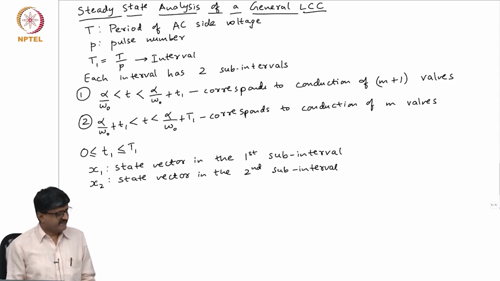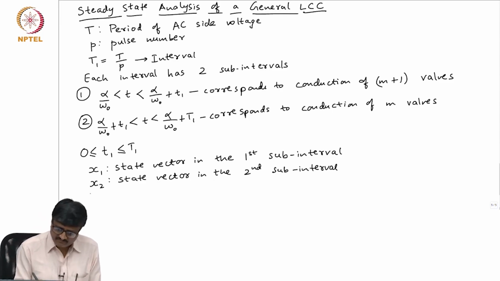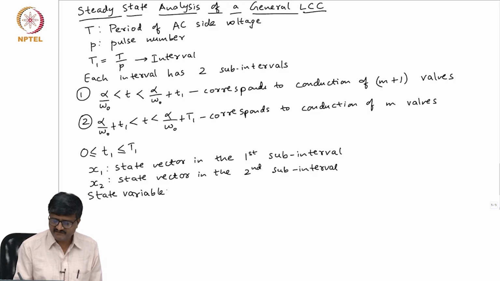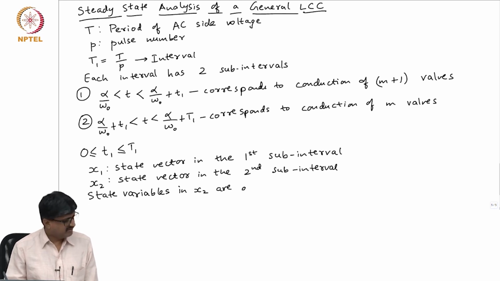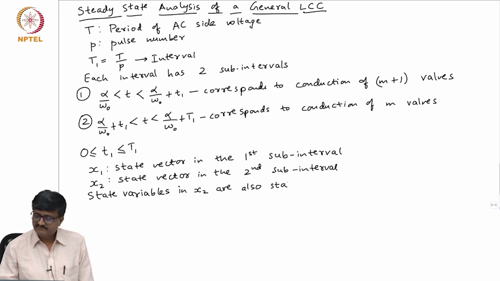So, we will say that state variables, which are nothing but the elements of the state vector, so state variables in x2 are also state variables in x1.